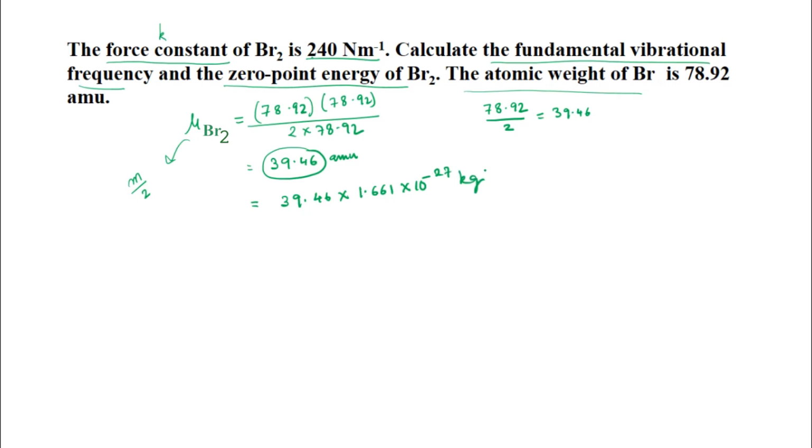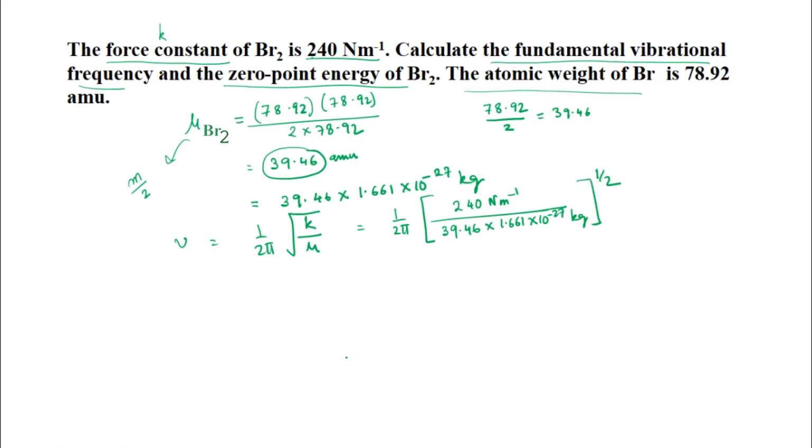So, we have to find the frequency. Frequency is given by 1 by 2 pi root over k by mu. So, we can write this as 1 by 2 pi times k, which is 240 Newton per meter, divided by mu, that is 39.46 times 1.661 times 10 to the power minus 27 kg, whole to the power half.